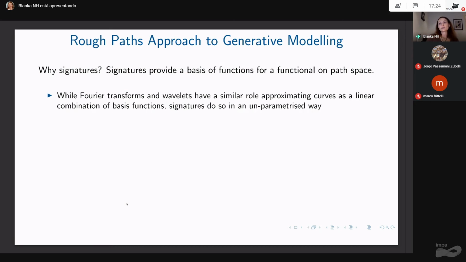Signatures answer this question quite well in a universal manner, because other modeling approaches would be targeting, let's say, stylized facts of financial markets, maybe picking out a couple of stylized facts that would be most important for a particular application.